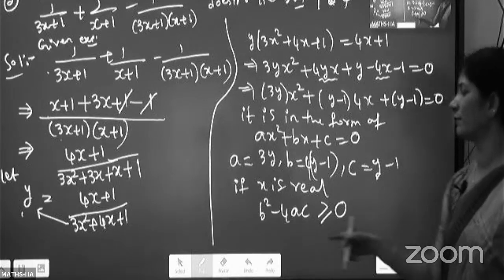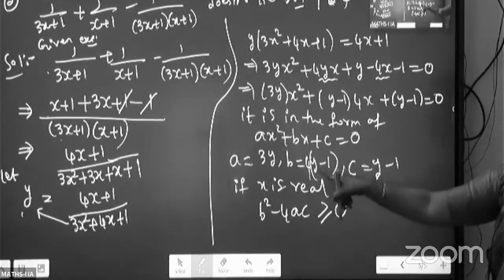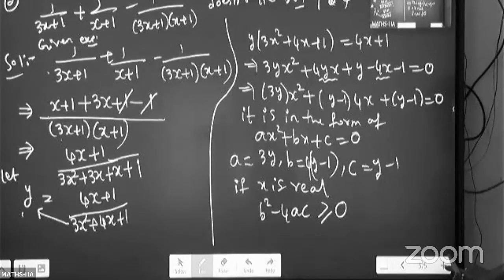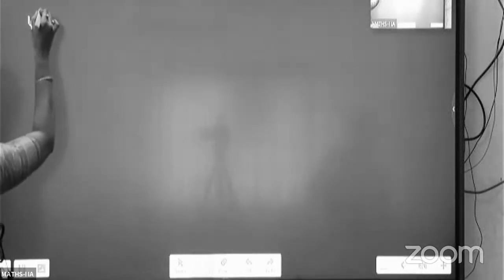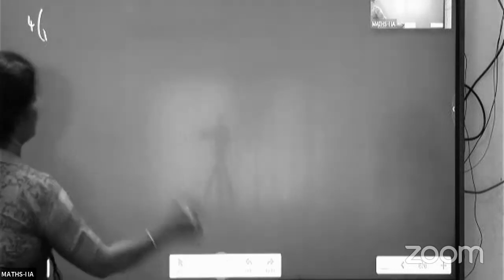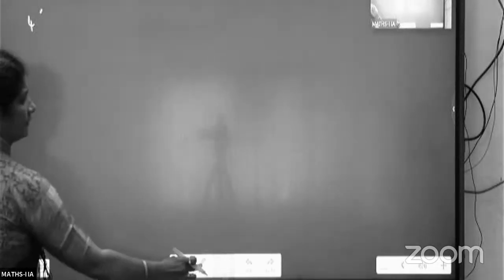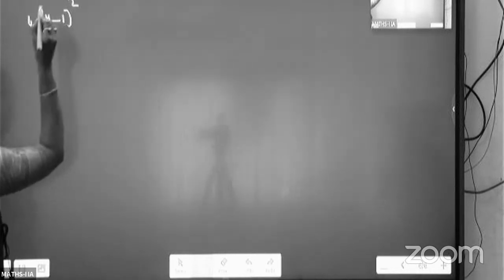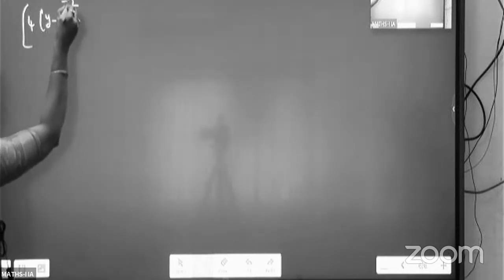Now substitute the values. What are the a value, b value, c value? All we have here, right? That we have to substitute. Come on, substitute the b value. What is b? 4 into (y minus 1) whole square. 4 into (y minus 1) whole square. This is b square, so here you have to write a bracket like this.